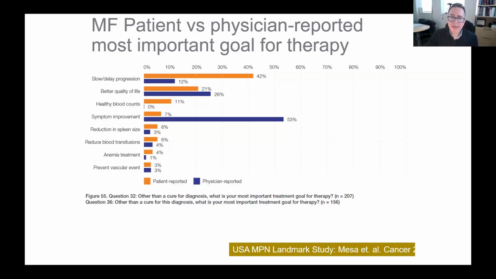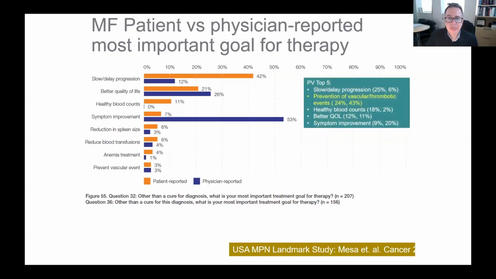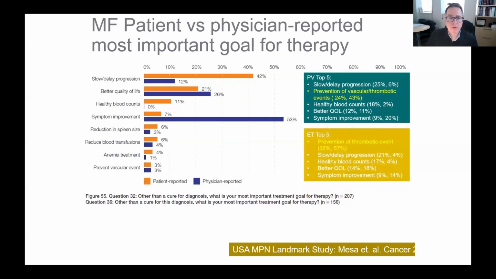We could probably spend the full hour dissecting this and getting feedback from the patients in this group, whether that is also consistent with their vision or their interpretation of goals of treatment for patients versus the way physicians address their disease. But this was an interesting survey showing a disconnect between patients and physicians in what is important.